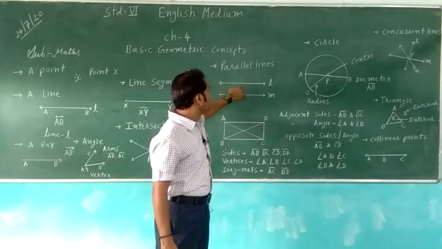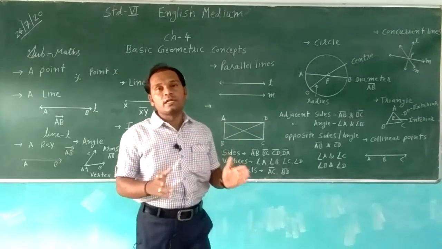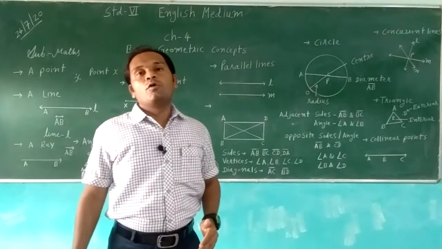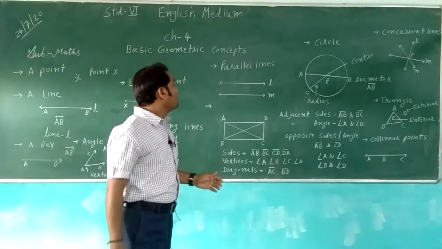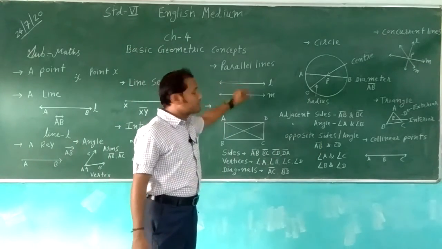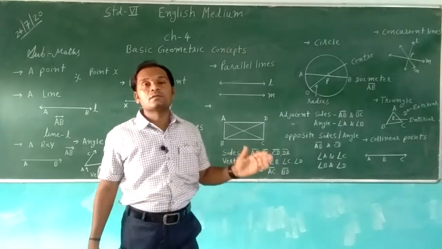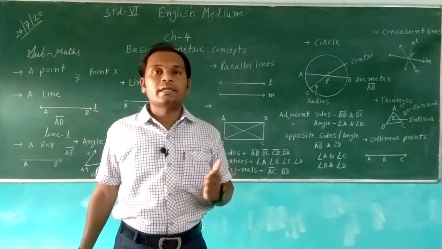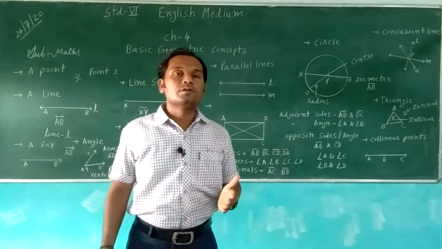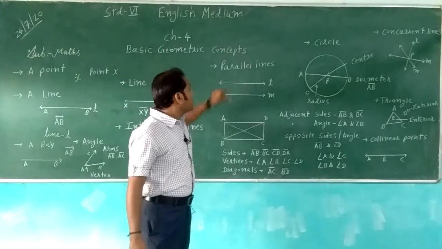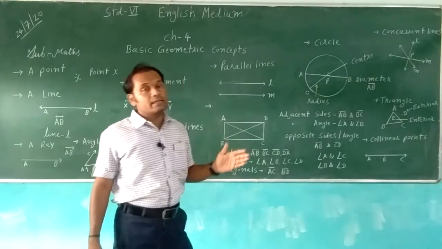There is the same distance between the two lines, but they do not intersect with each other. So these both lines are called parallel lines.